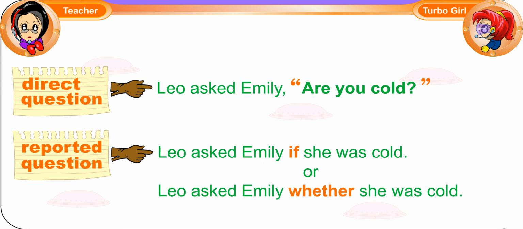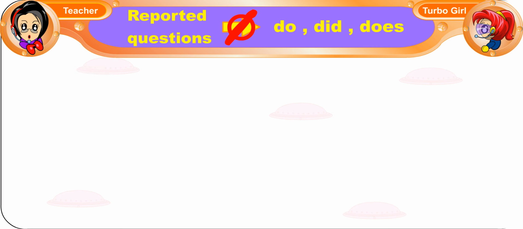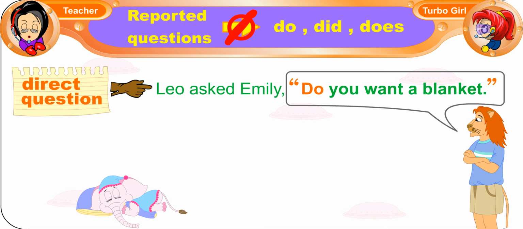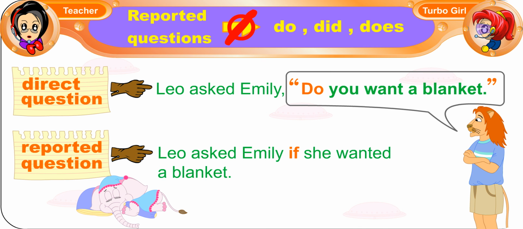And finally, in reported questions, we do not use do, did, or does. For example, in direct question, Leo asked Emily, "Do you want a blanket?" In reported question, Leo asked Emily if she wanted a blanket.